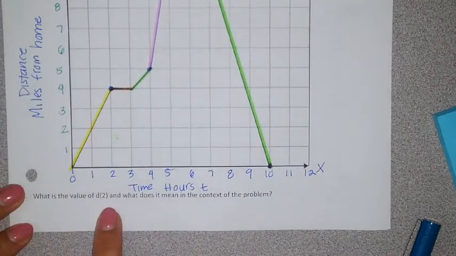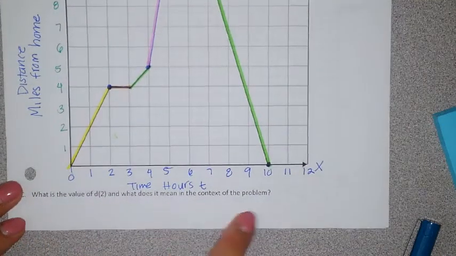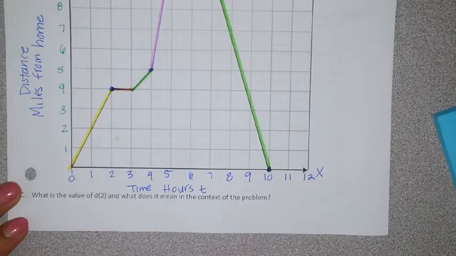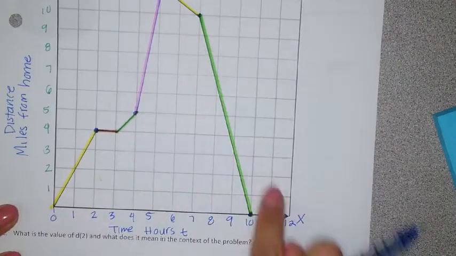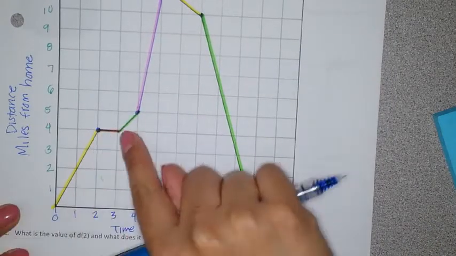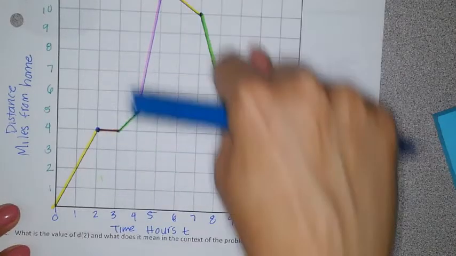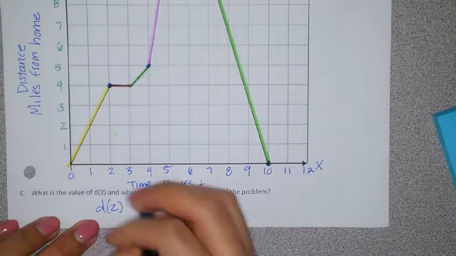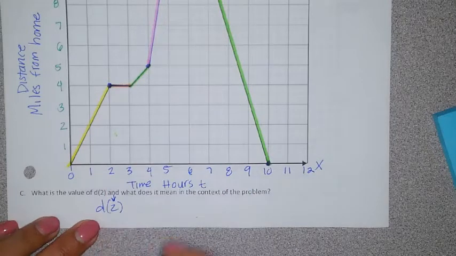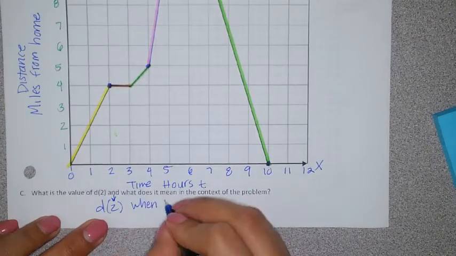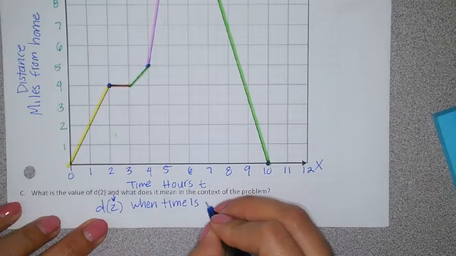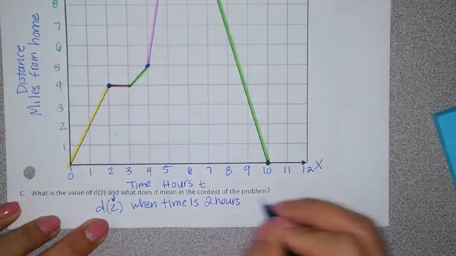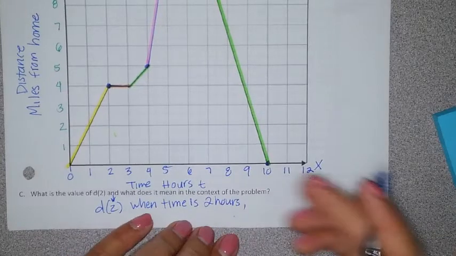Now it says, what is the value of d of 2 and what does it mean in the context of the problem? We don't have the equation because there are several pieces to each, so every little piece is its own linear function, right? But here d of 2 means when time is 2 hours, what is the distance from home?